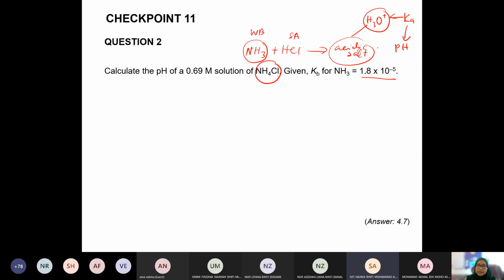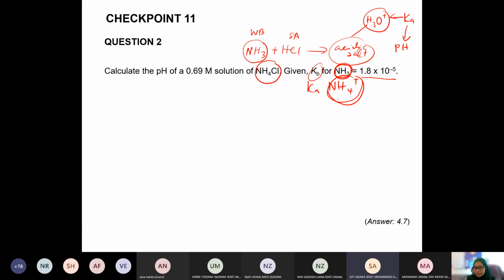Okay, so that's the plan. As you can see, Kb is given to you. You don't want this Kb. What you want is the Ka of NH4+. Because this is the conjugate acid of a weak base. This is the weak base. This is the conjugate acid of this base.